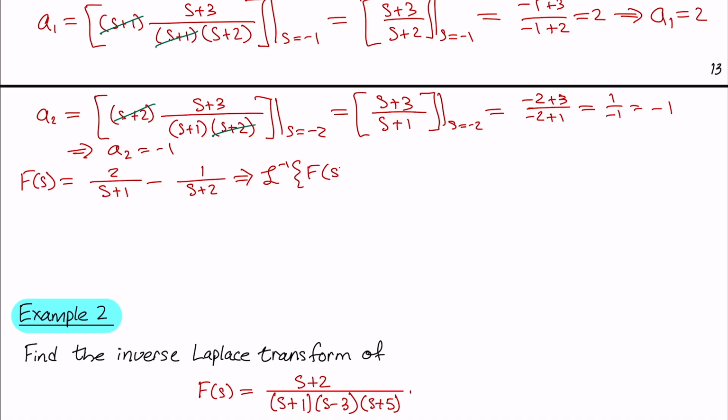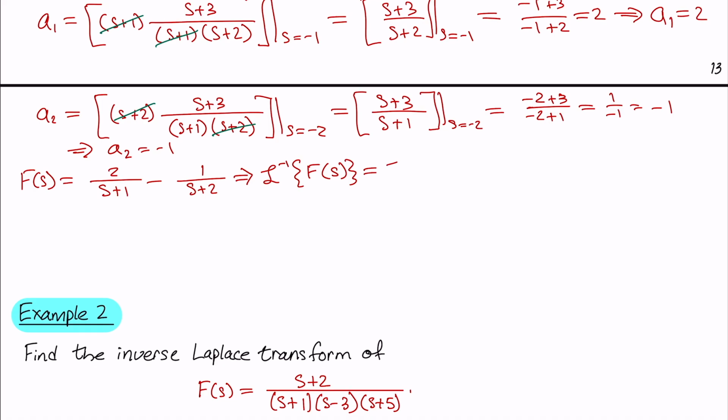From here, we're going to take the inverse Laplace transform of F(s), and this will give us our time function f(t). This is equivalent to taking the inverse Laplace transform of 2 over (s + 1) minus the inverse Laplace transform of 1 over (s + 2).